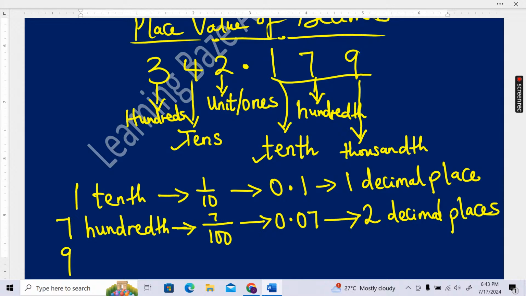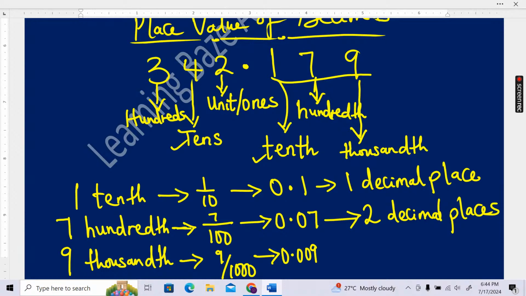Now, the digit 9 is in the thousandth place, so it represents thousandths. That is 9 over 1,000 or 0.009. You can see that my decimal point is in between the numbers.